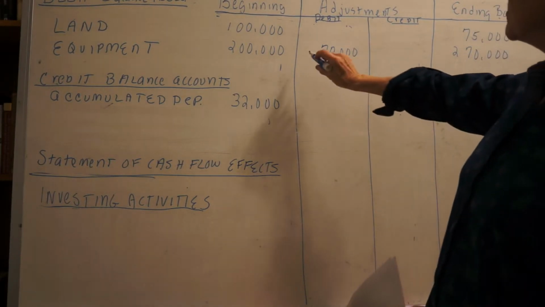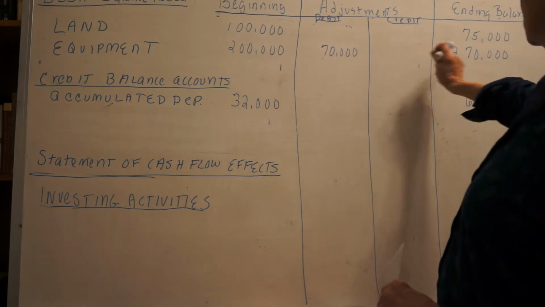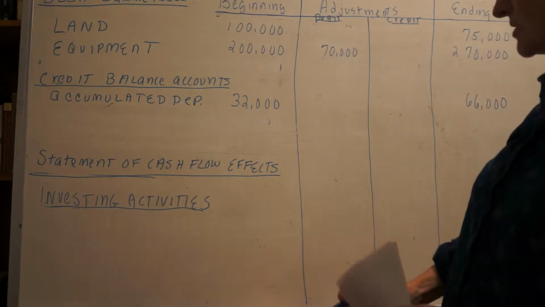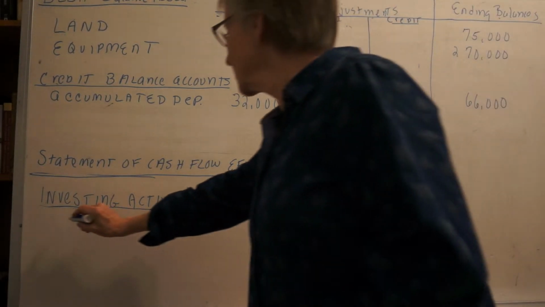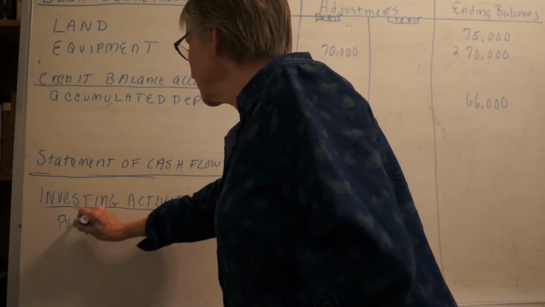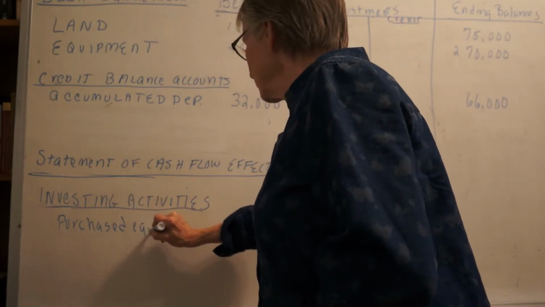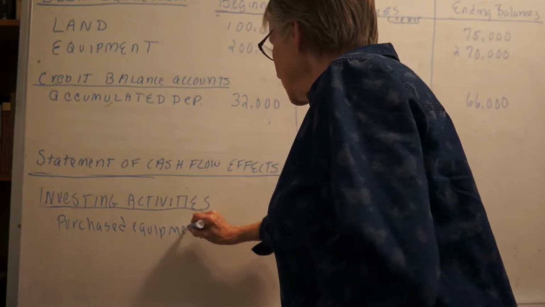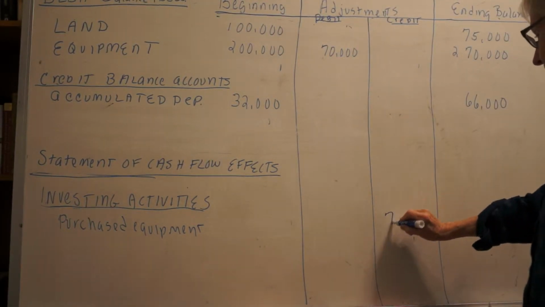Okay, so now we made a debit entry up here to explain what happened, how we got from 200 to 270. We go down to the investing activities section and simply say what happened. We purchased equipment. And we made a debit up here, we make a credit down here.